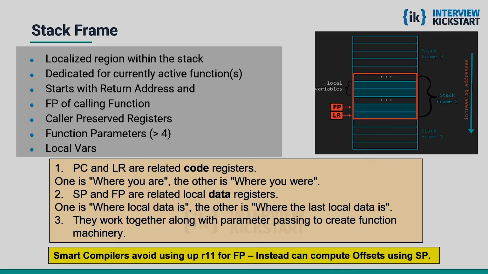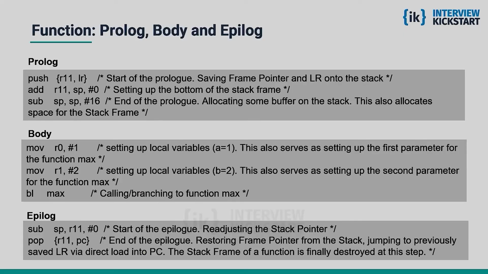So it can simply use offsets with respect to the stack pointer, both positive offsets and negative offsets. As you can see in some compiler generated code, you may not see the R11 register being used. The intent here is that R11 can be used as a scratch register as well. So why waste one register? Compilers optimize by using offset computation as opposed to storing the frame pointer.